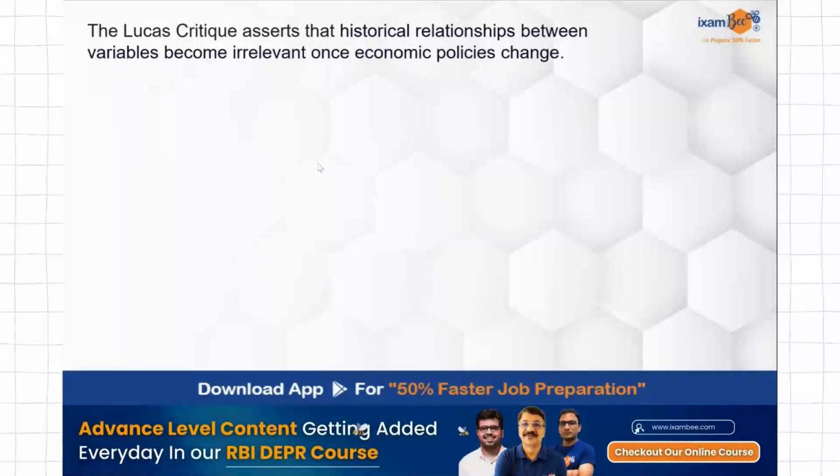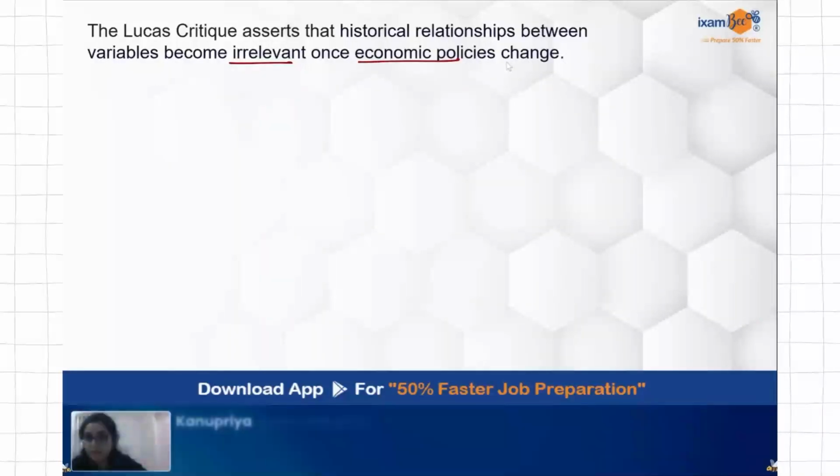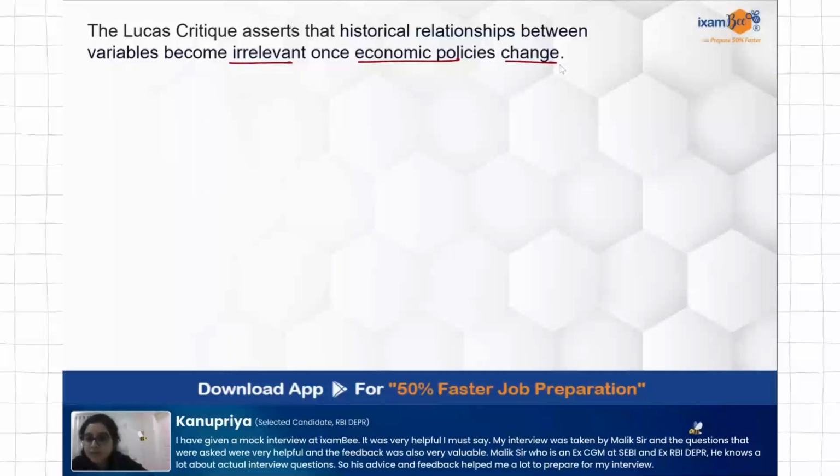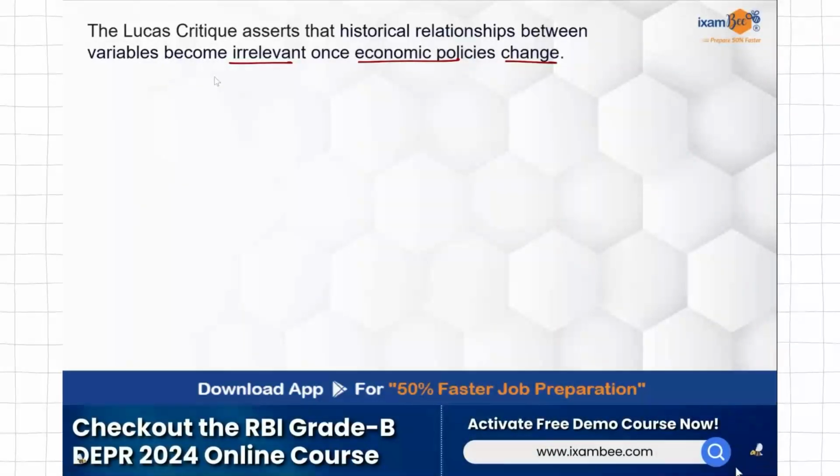The Lucas critique asserts that the historical relationship between variables becomes irrelevant once economic policy changes. Now there is a question related to the Lucas critique. I'm not very sure about the question, but as per the students, it is around the definition of the Lucas critique. So I have written down the definition.